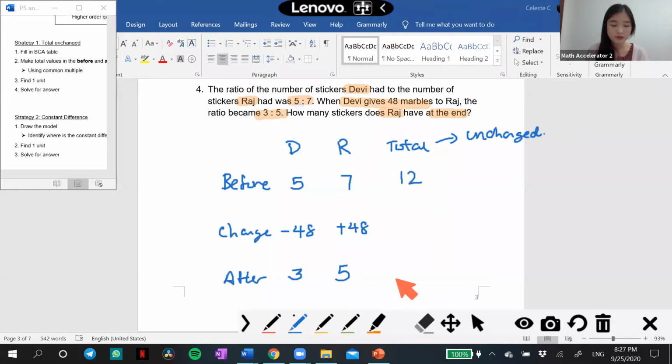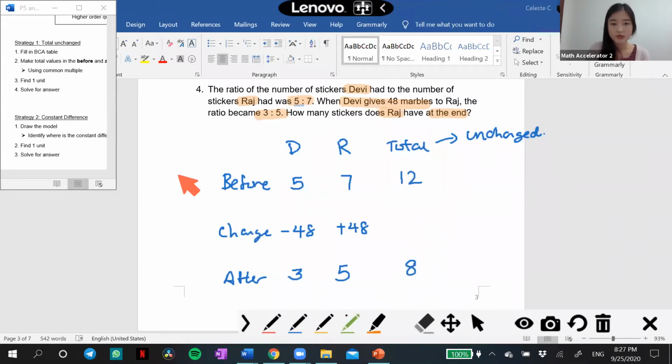And then after, what do you have? 8. Okay. If total is unchanged, this before here, 12, and after 8 has to be the same. Right, but they don't look the same right now. So what is the common multiple?